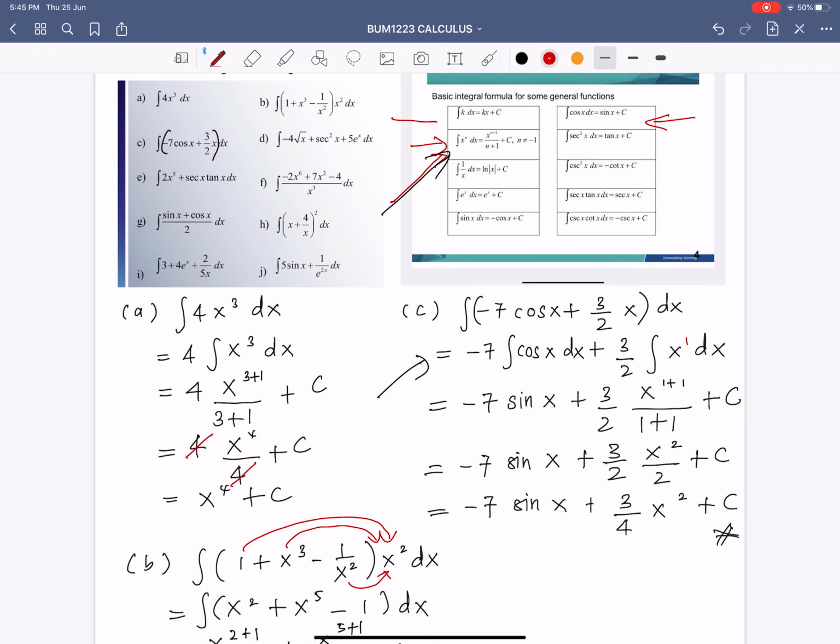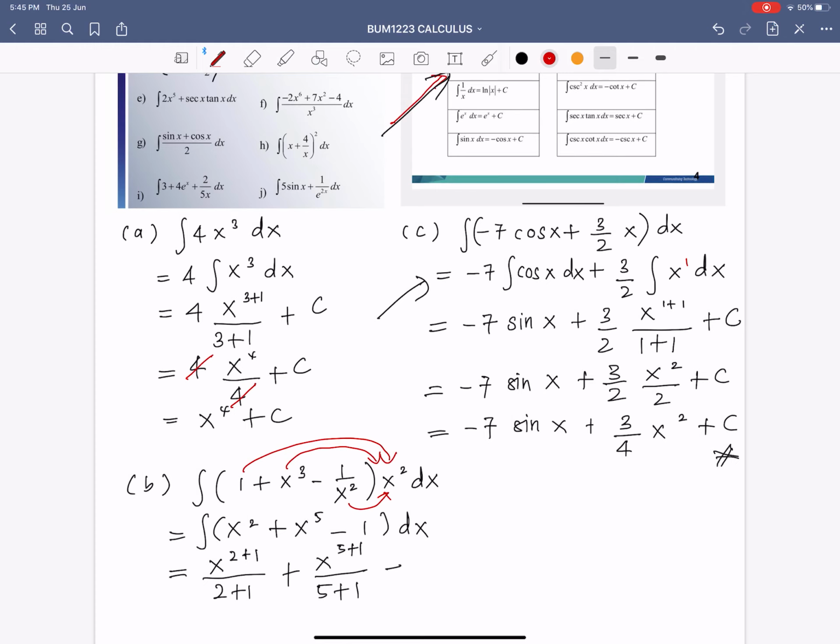use this formula, integration of k dx, where in our example here we have k as negative 1, so integration of negative 1 will be negative x plus c. Okay.